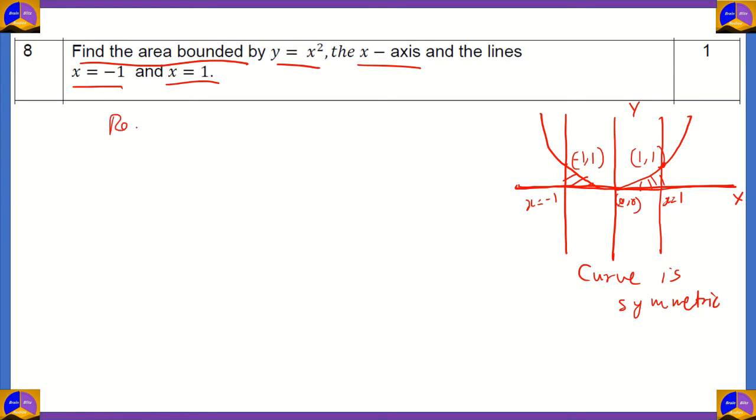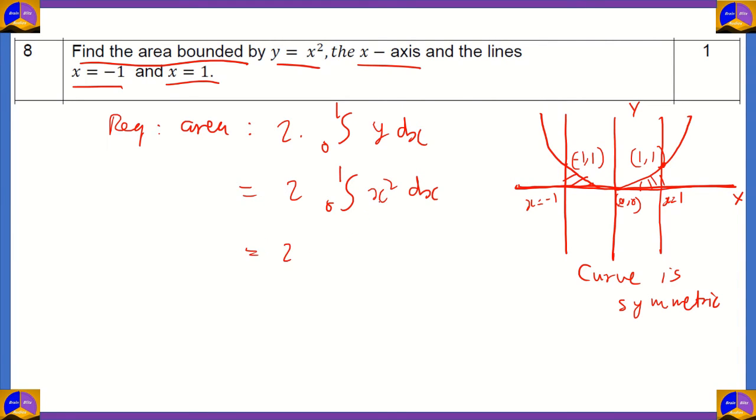So the required area is, instead of requiring the area from -1 to 1, you can just make it 2 times the integral from 0 to 1 of y dx. So that will be 2 times the integral from 0 to 1 of x squared dx, which will be equal to 2 times, the integral of x squared is x cubed by 3.